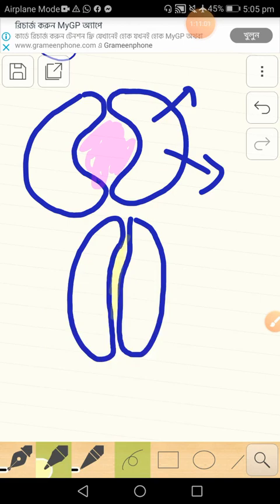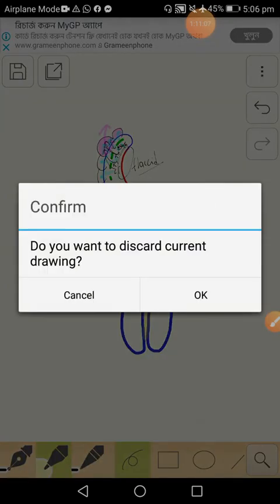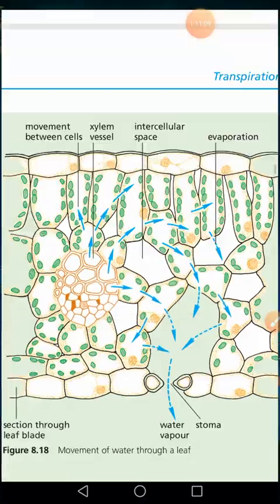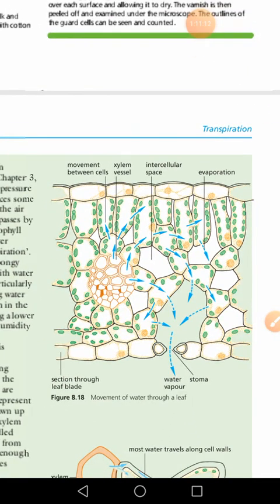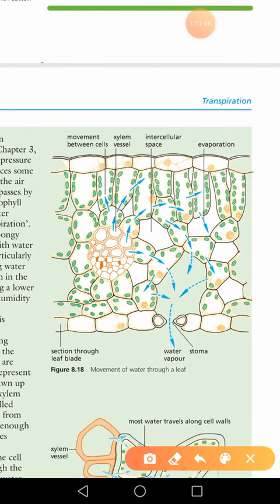As water moves out of the nozzle, more water is drawn from the bottom of the nozzle to the top. But water is lost through the nozzle like this, and then more water is drawn from the bottle into the pipe.